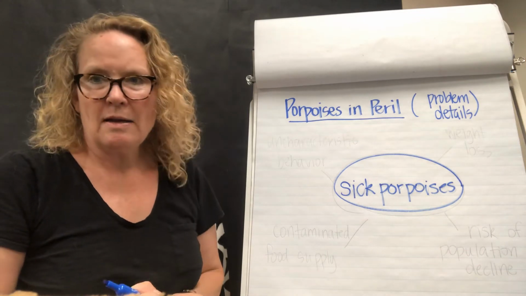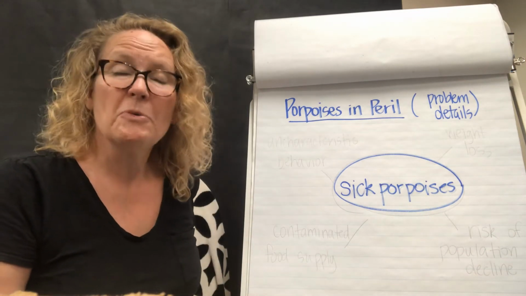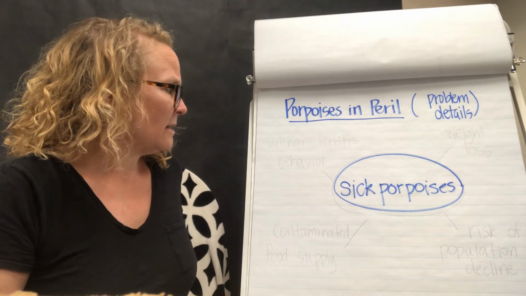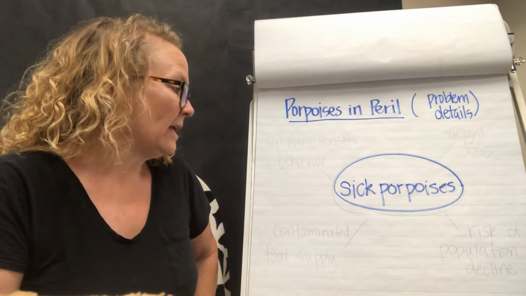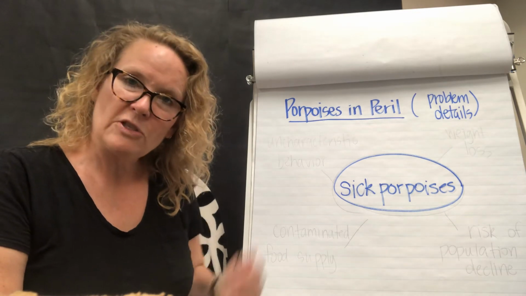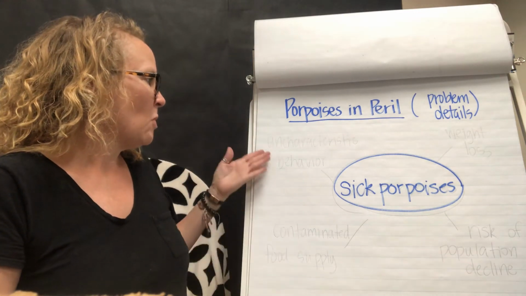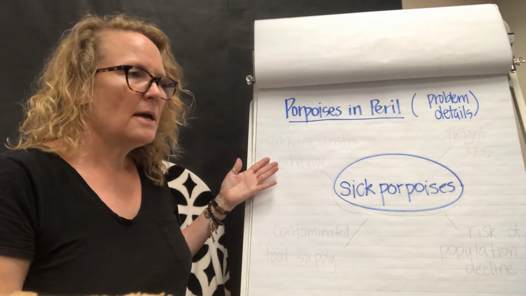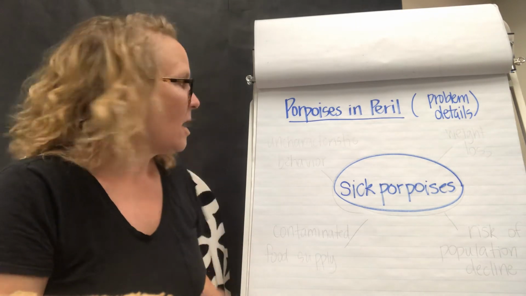Now in the story on pages 4 through 9, we met Dr. Q, or Professor Q, and she explained that there have been some reports of declining populations of sick porpoises, and it was the science squad's job to try to figure out why that was. What we know from the story so far is that the porpoises were showing uncharacteristic behavior.